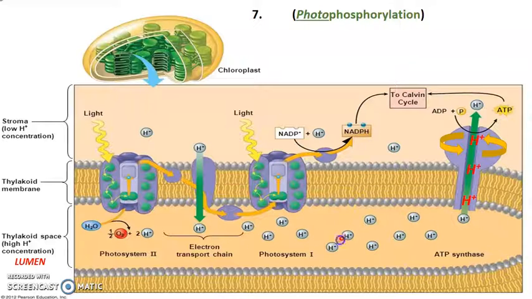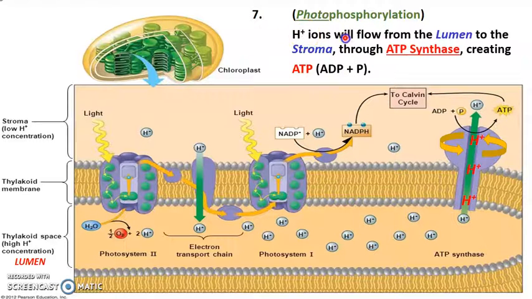But we also created this hydrogen ion gradient, one more time, from splitting water over here at PS2 and pulling hydrogen ions from the stroma into the lumen as they flow down the ETC. So now what's going to happen is these hydrogen ions are going to flow naturally from high to low, so from the lumen back out to the stroma through the enzyme we have already learned about at the very beginning of our unit, ATP synthase, which will spin like a turbine to regenerate ATP. So that's what photophosphorylation means.